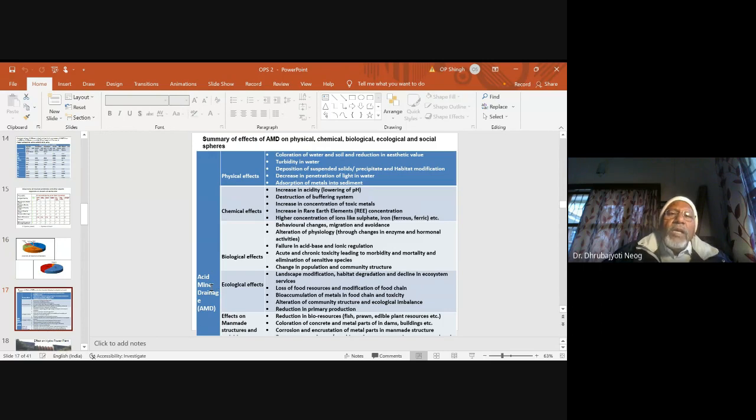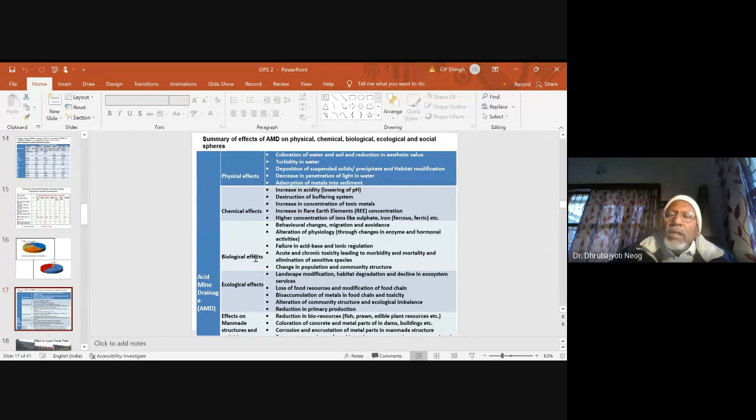Acid mine drainage has a physical effect: it gives coloration to the water, it increases the turbidity, and then the water body is deposited with precipitate of iron hydroxide. It also affects chemically, mainly through acidity, and then the presence of different types of elements and ions.